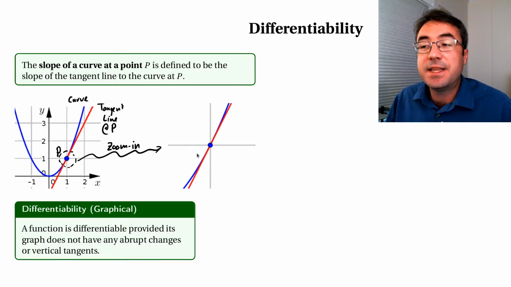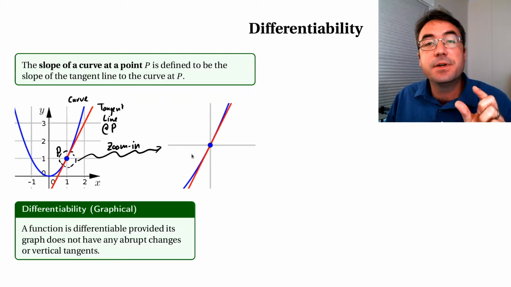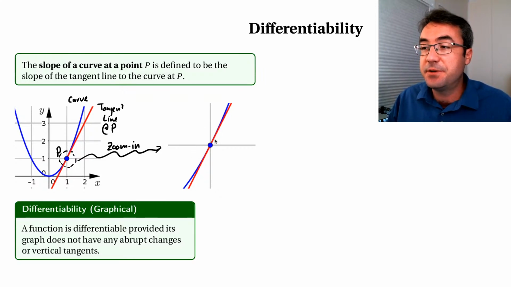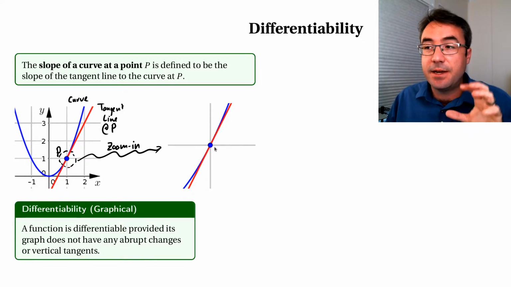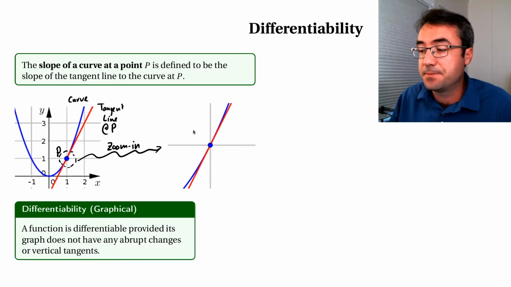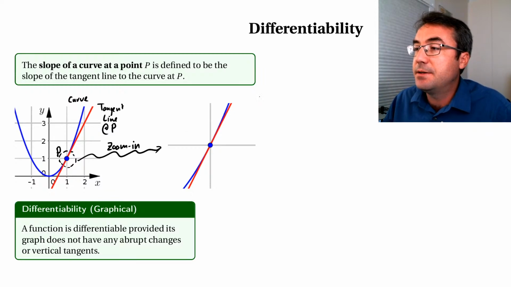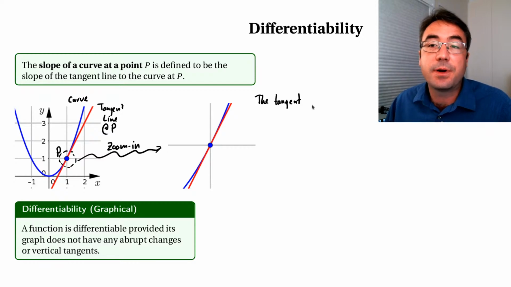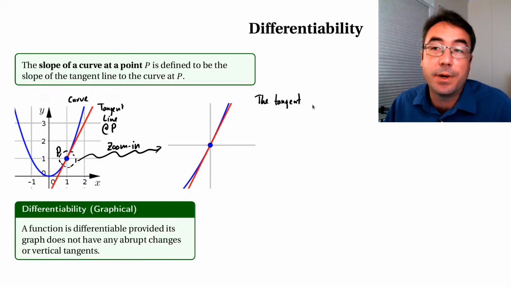And what we see is that it's very difficult to tell the difference between where the curve is and where the tangent line is. Specifically, right around that point, it's very difficult to say, okay, here's my curve, here's my tangent line. It's very difficult to tell the two apart. And so what the tangent line does is it gives us a really good approximation of what the curve is behaving like directly at that point.